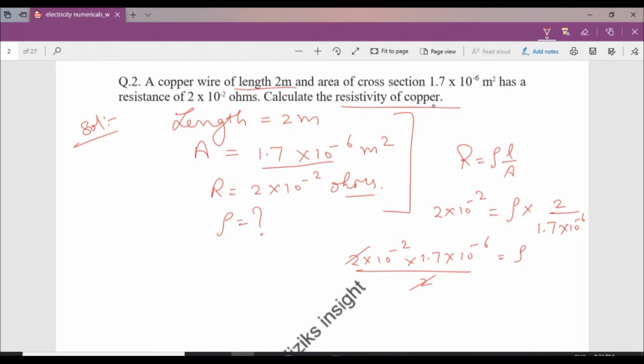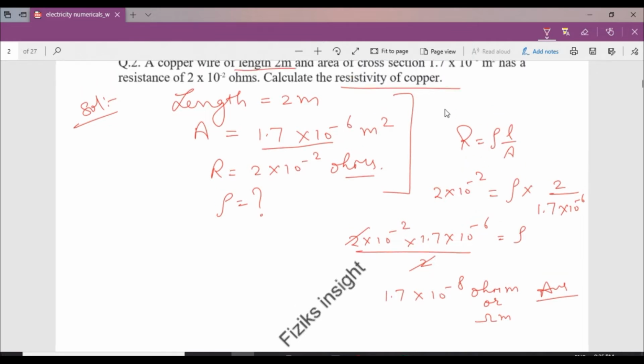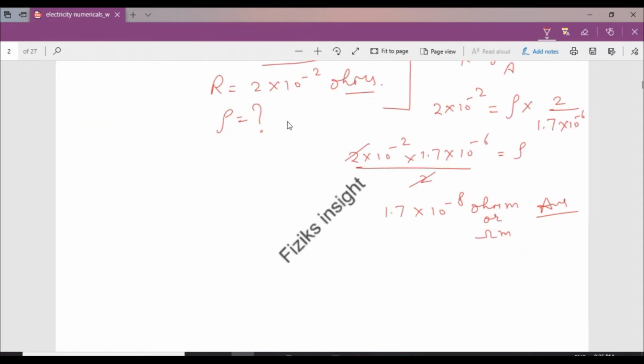So it will come out to be 1.7 into 10 raised to power minus 8 ohm meters. So this is your required answer. Now we are proceeding to the next problem, the third one.